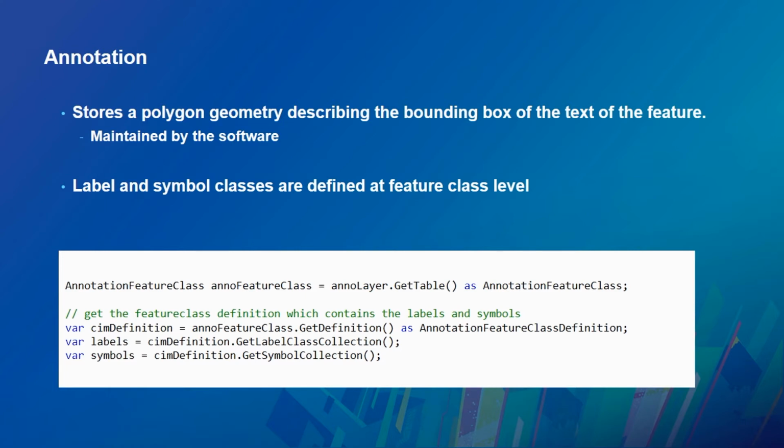So you specifically as a developer don't really want to be interacting with this polygon geometry. You're interested more in the baseline geometry of the annotation text. So anytime you modify any of the annotation text formatting attributes, like the text string or the font size or the font name, the software actually recalculates the polygon for that annotation feature.